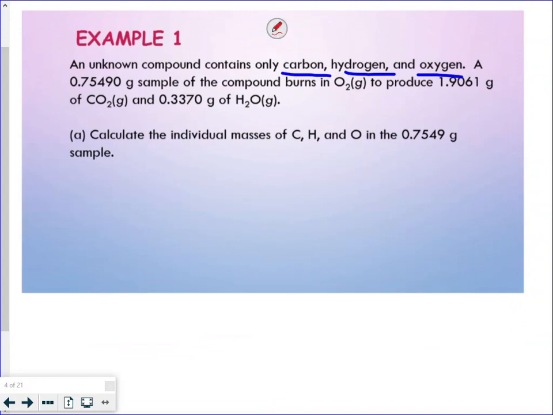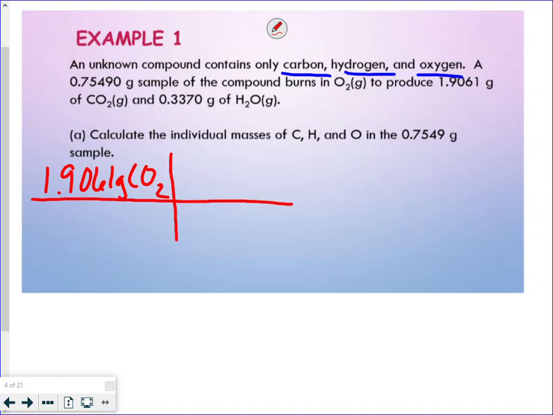Our carbon dioxide amount is 1.9061 grams. This is kind of how it works. We're going to work this using our conversions to just carbon by itself. We're going to work it so that we get to carbon just by itself. And this is how it goes. We will change the grams, of course, into regular moles.